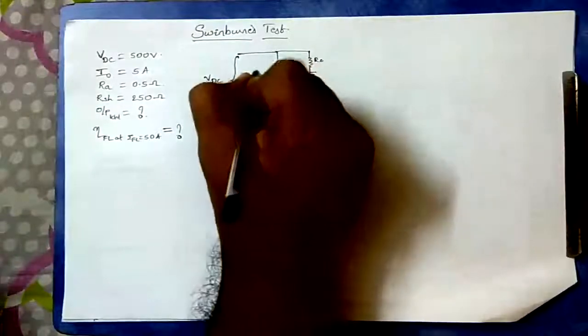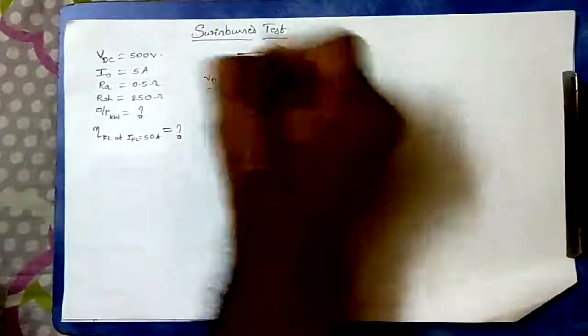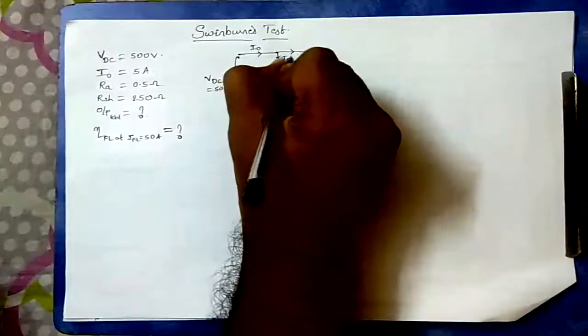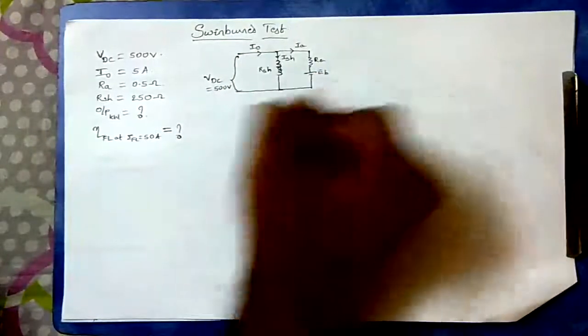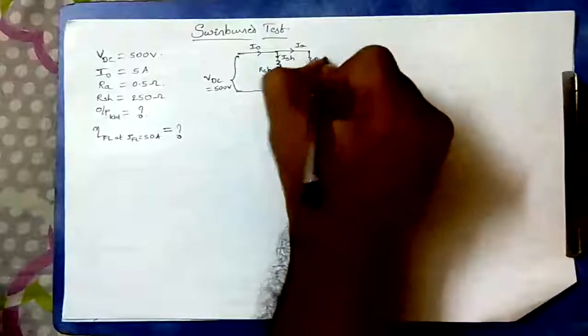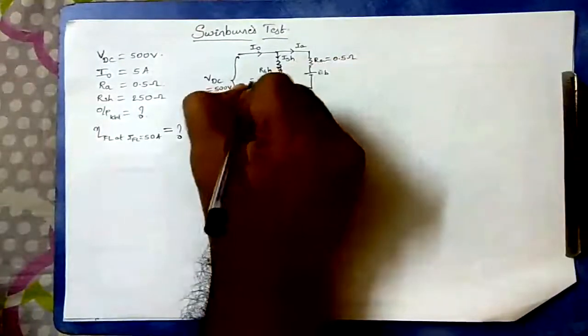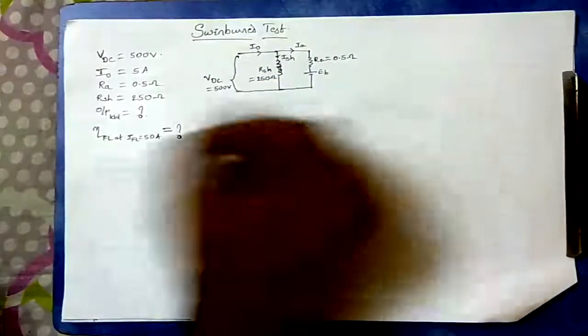This is RA and this is RSH. And we know that no load current flows here, whereas ISH flows here, whereas IA flows here. Then this is your EB, right? RA is 0.5 ohm, I shall write just for your reference. RSH is 250 ohm.